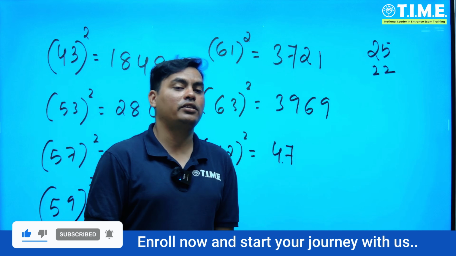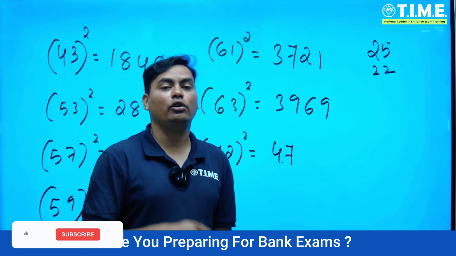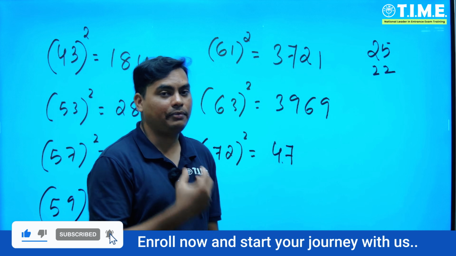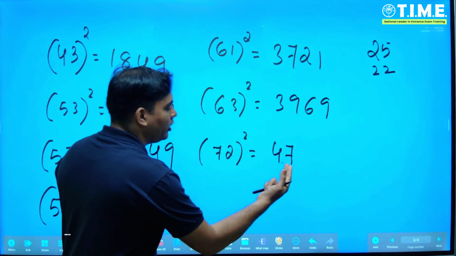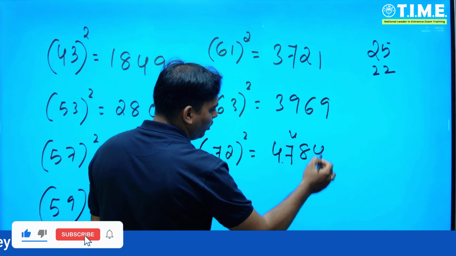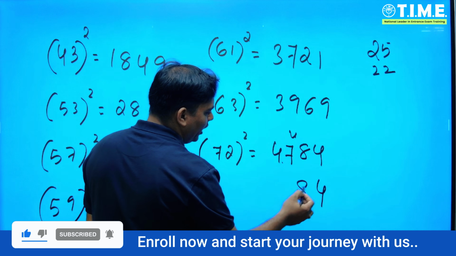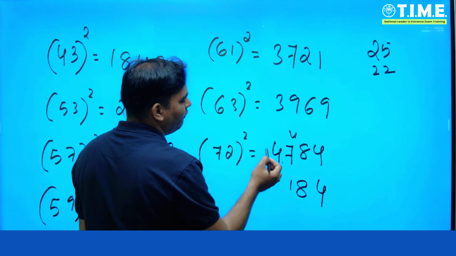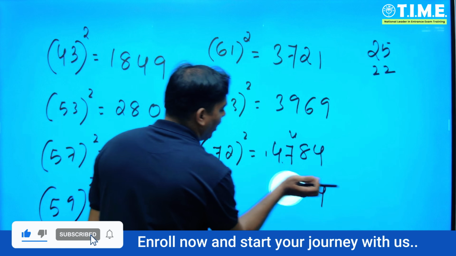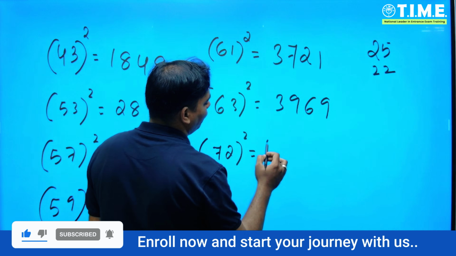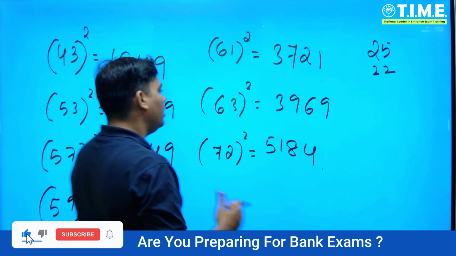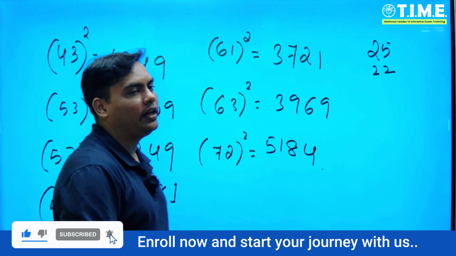If you know squares up to 30, I can guarantee you that you will be able to go up to 130. That is my guarantee. Now 47, and 22 square is nothing but 484. Add it. This is 47 plus 4 will be 51, 1 carry and 5. So my answer will be 5184.